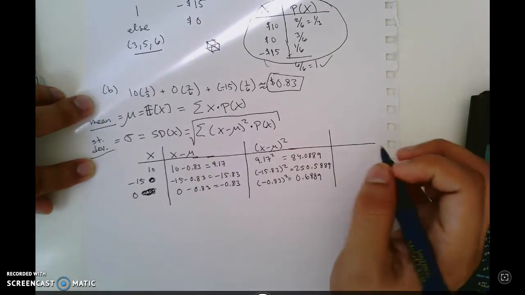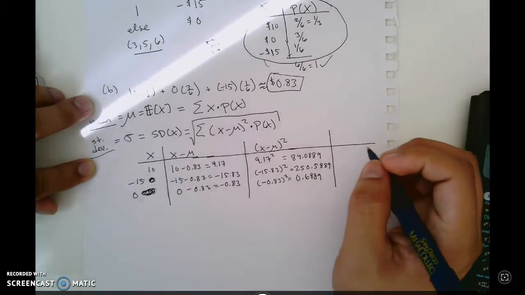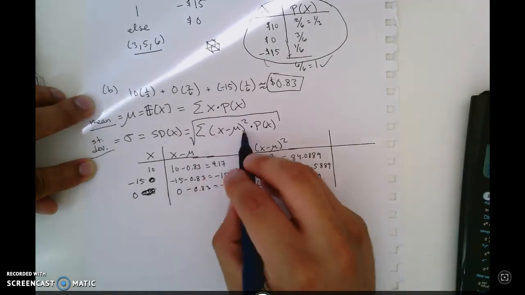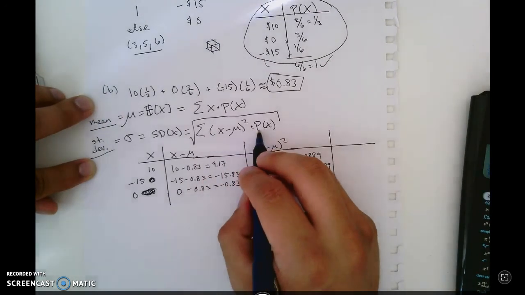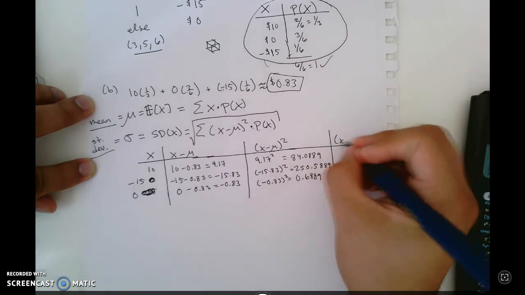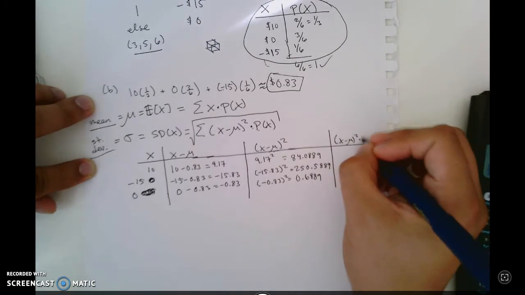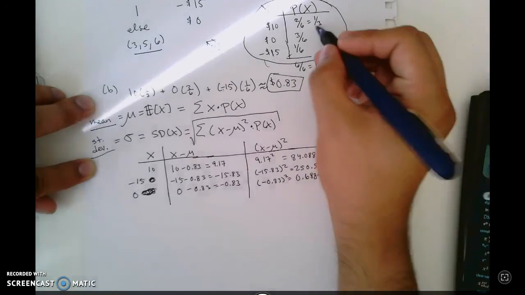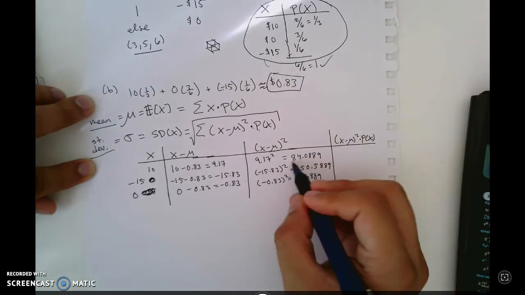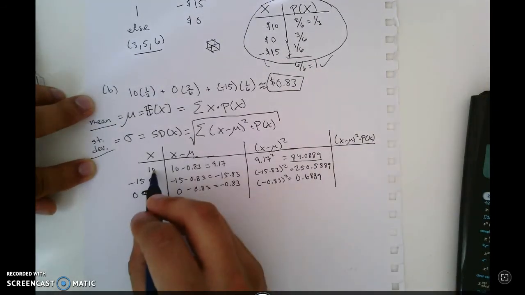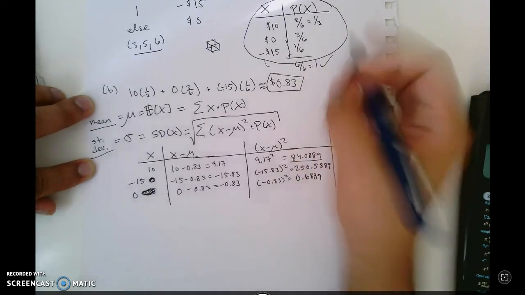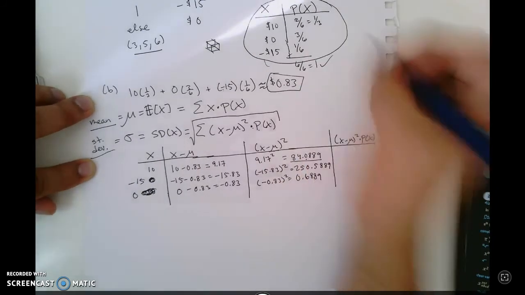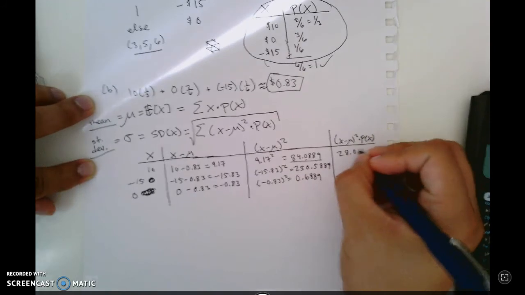And then what am I going to do? I'm going to take all this and multiply it by the probabilities. So I'm going to take what I got in my third column and multiply it by the probabilities. Which probabilities? These probabilities. This thing corresponded with a 10, and the probability was 1/3. So when I multiply this times 1/3, what I'm going to get is 28.029.